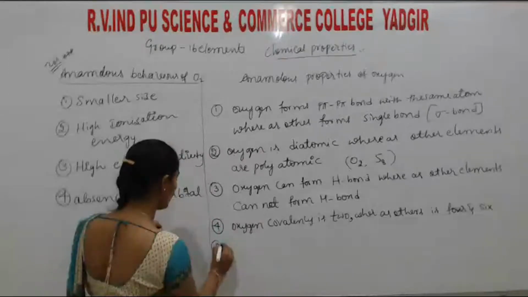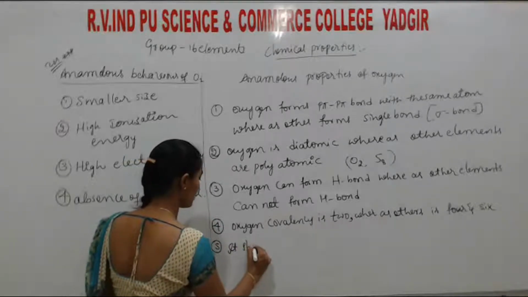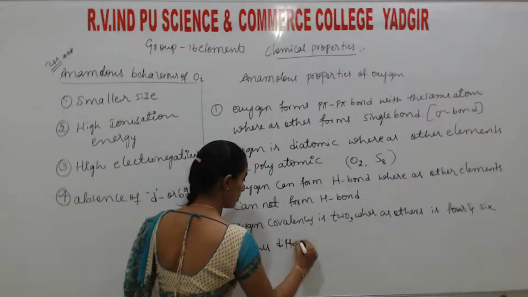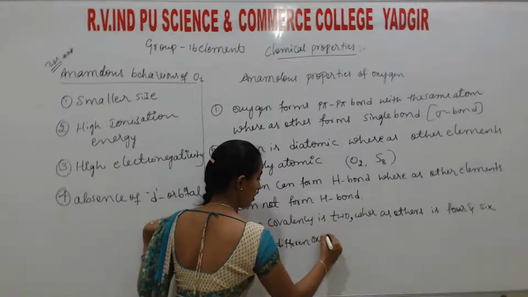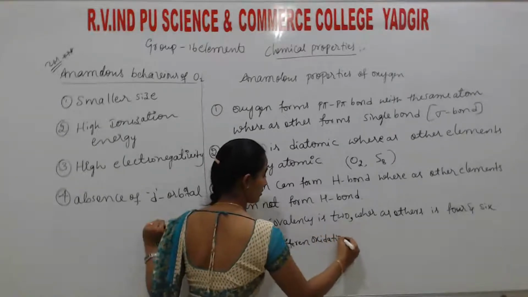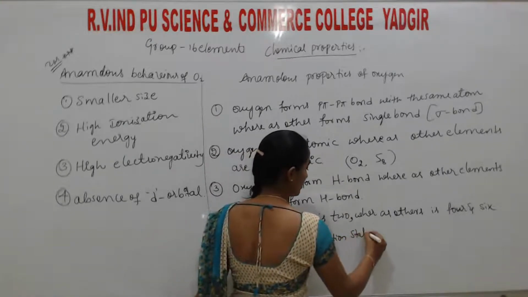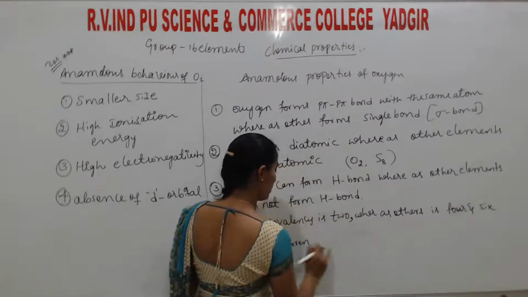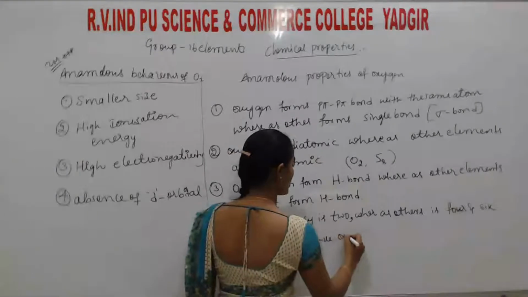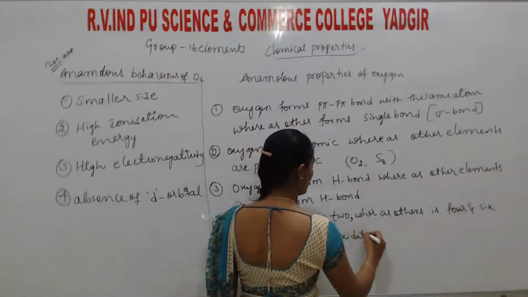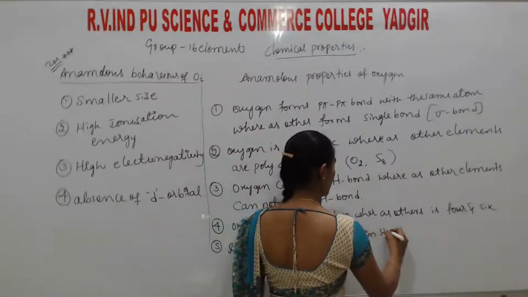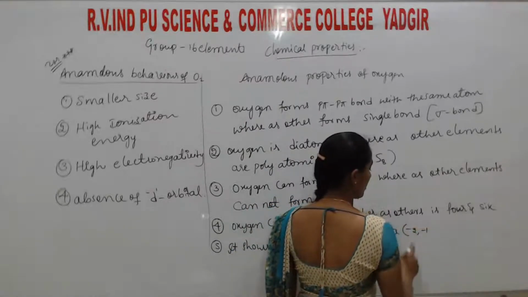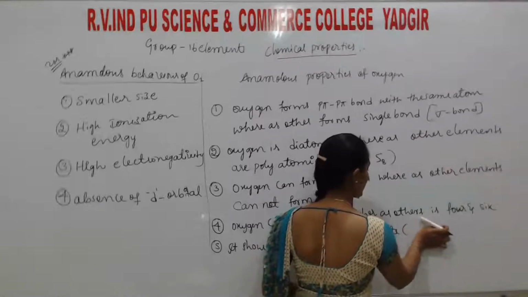So next, students, it shows different oxidation states. Negative oxidation states are -2 and -1: oxide and peroxide.